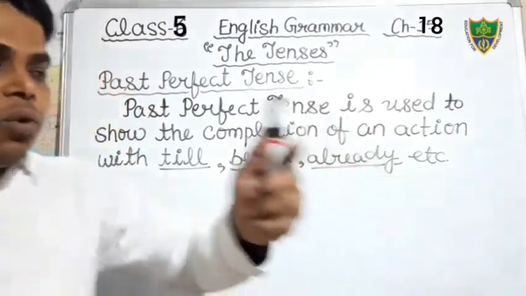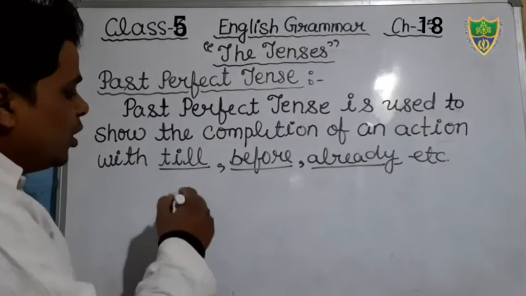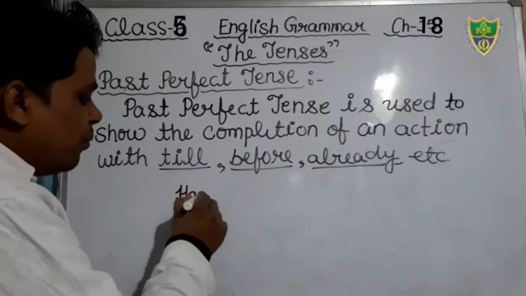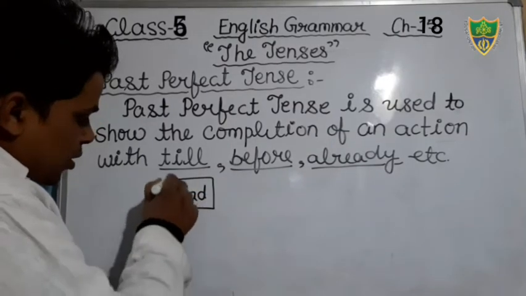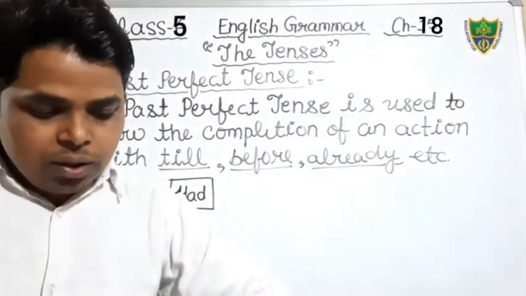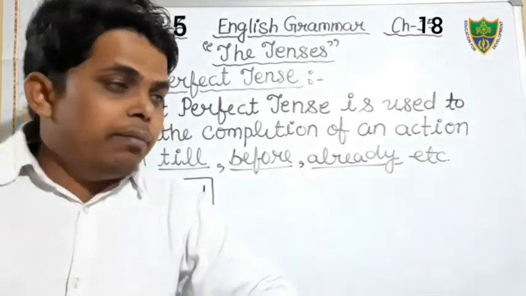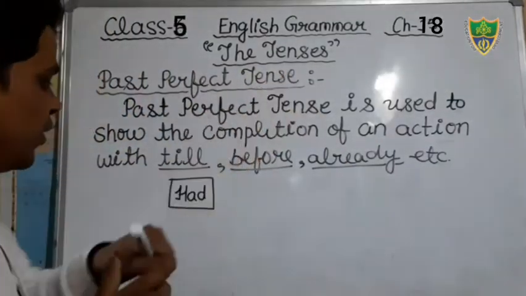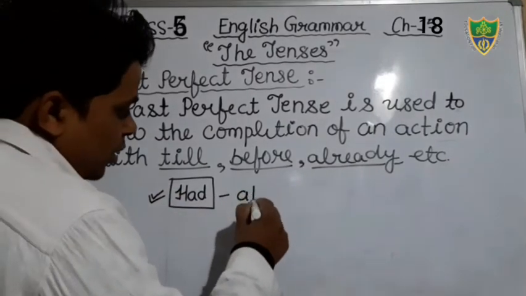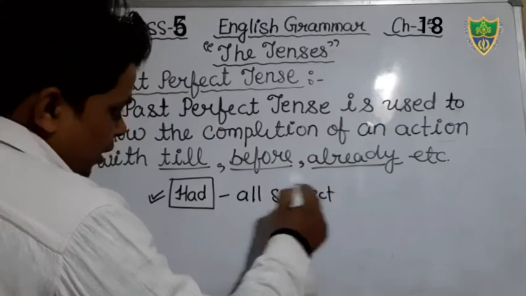One more thing you should keep in your mind, no need to write, I'm just telling you. In past perfect tense, we use only one helping verb, that is had. In present perfect tense, we use two helping verbs, has and have. But in the past perfect tense, we use only had with all kinds of subject, whether the subject is singular or plural, no matter.